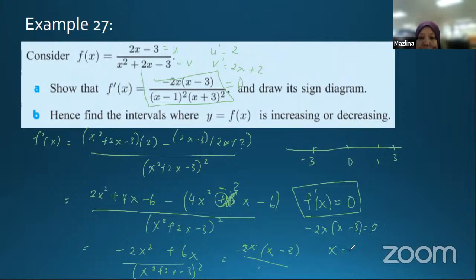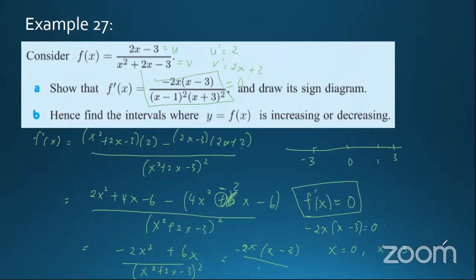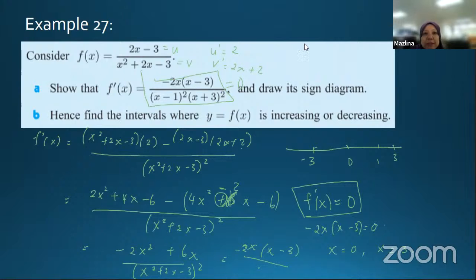Therefore x is supposed to be 0 and x is supposed to be 3. Right? The rest of you? Yes, teacher. So don't just take things randomly because you see a bracket. The whole thing, your f prime, is equal to 0.